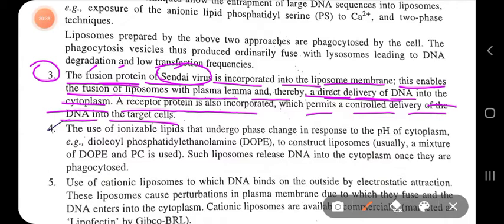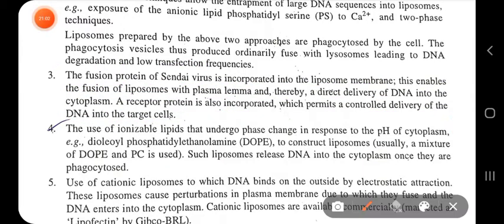So what we have done is introduce a certain receptor protein, a type of glycoprotein we all know, on the surface of the liposomes and direct them so that with the help of the receptor protein, in a controlled manner, the DNA gets introduced into the target cell's cytoplasm.